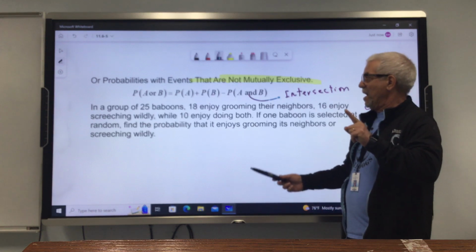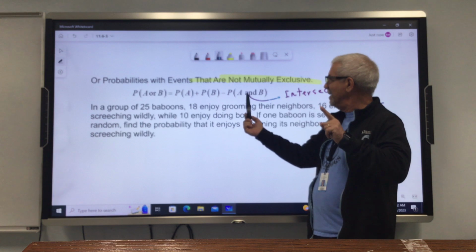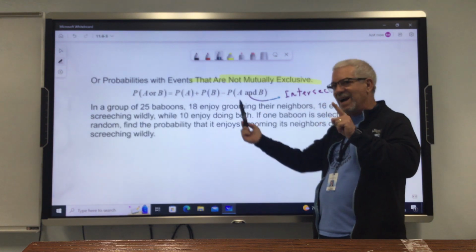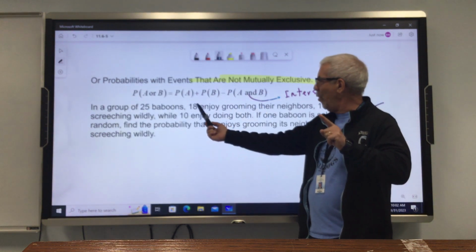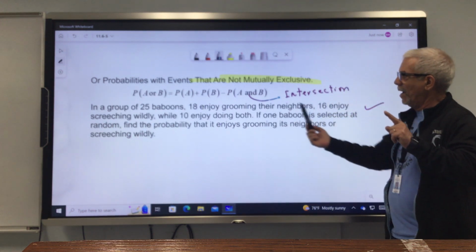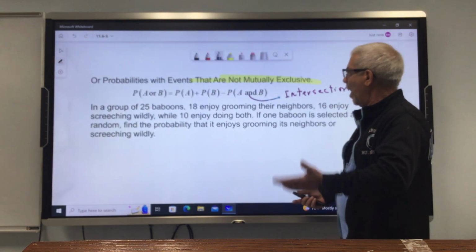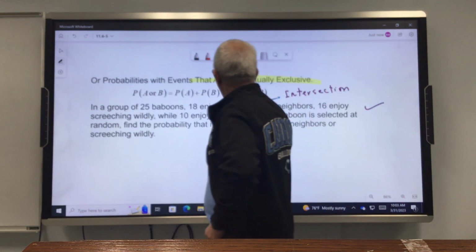Okay. What happened is that we have 10 that enjoy both of them, that will be the intersection, that will be "and". That will be only grooming, and that will be only scratching, okay? Then, how can I find it? Okay, the formula is this one.